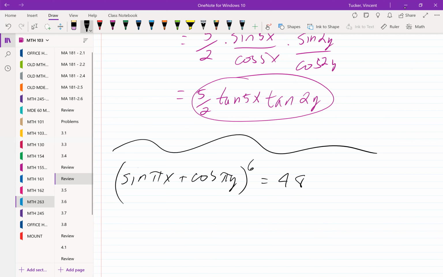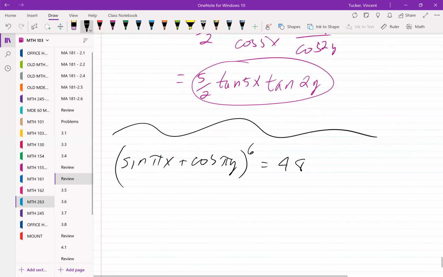All right, so we have to implicitly derive this as well.